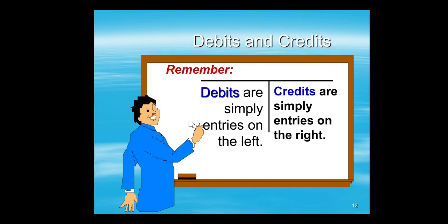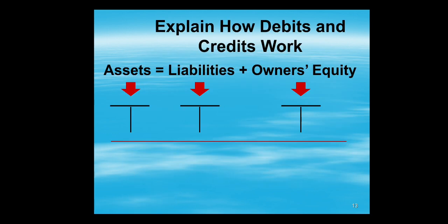Credit means entries on the right side of the account. So if somebody says credit the account, you know that you have to record on the right side of the account. This is the rule of debit and credit. It is very easy. You just have to memorize this rule. There is no other way.